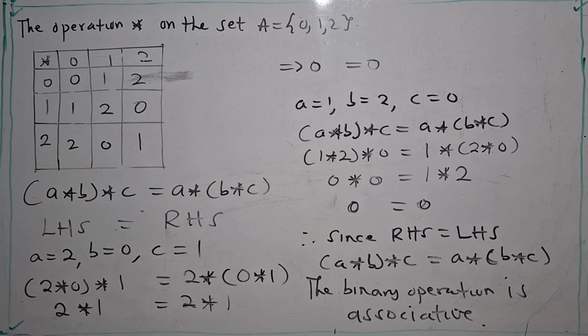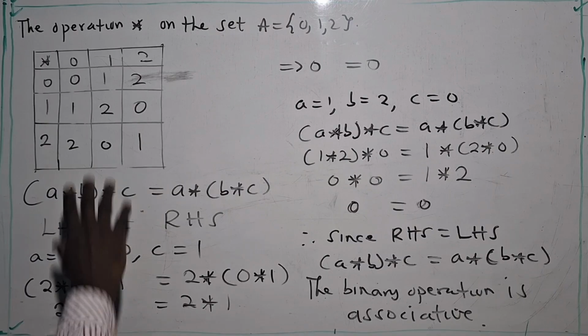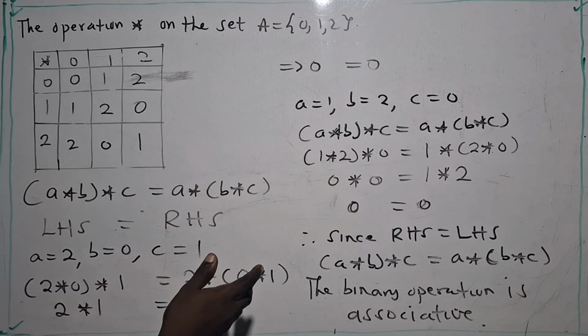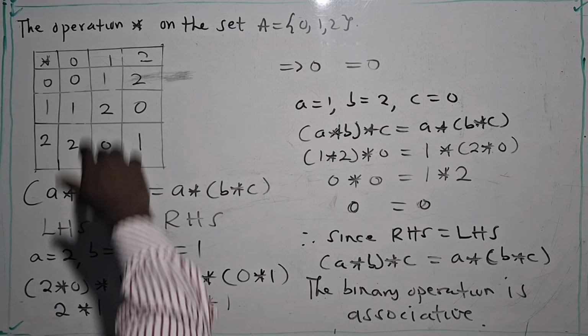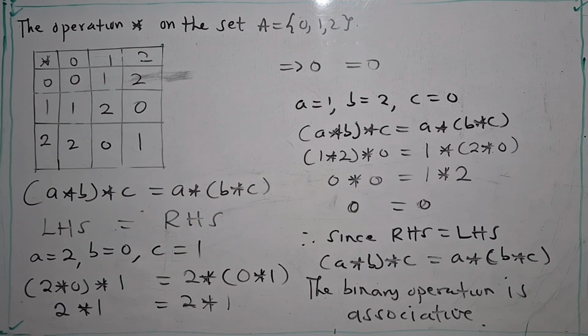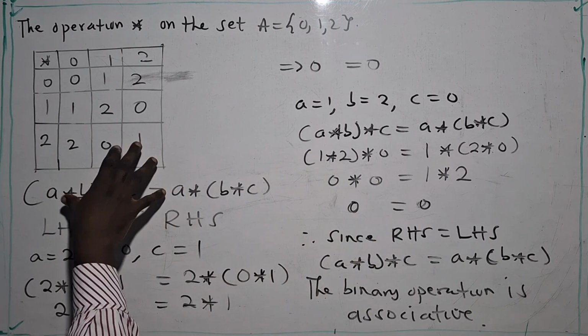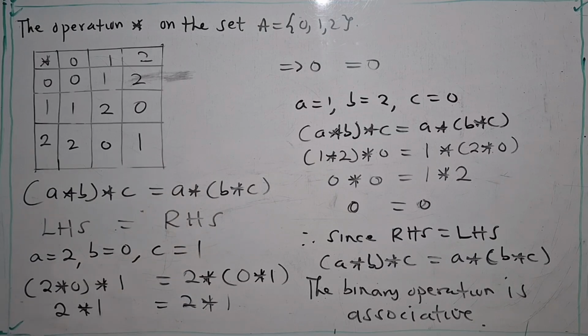So this is it. There will be instances where the question will be given in this form. The table will be drawn for you. Sometimes they will define a binary operation for you to solve. You fill in the table, then they will ask you to determine whether or not the operation is either commutative, associative, or distributive.